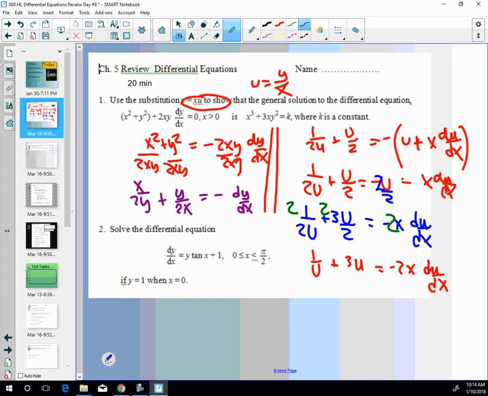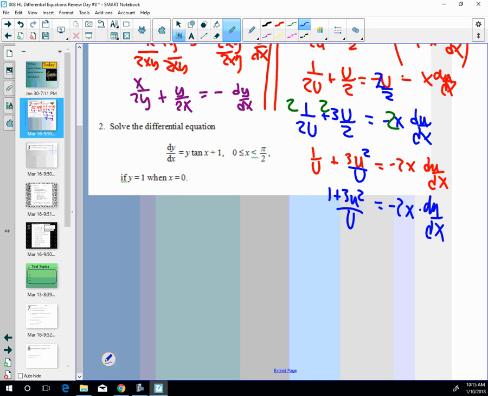I'm hoping you're not confused, but what do you do if you have fractions 1 over u and 3u? Common denominator. Thank you. So this is going to be 1 plus 3u squared over u equal negative 2x du/dx.